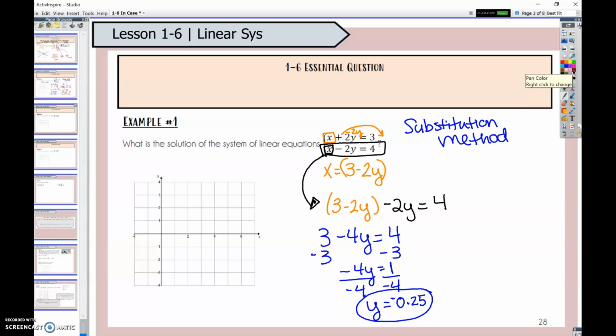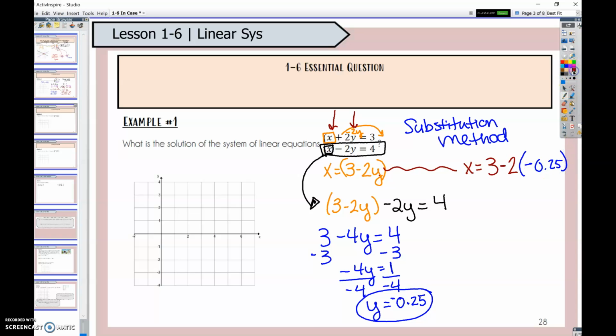Remember though, when you have the x's and the y's in this system of equations, you need an x and y answer. So since I have the y, I could go back and plug this number in for any y. I'm going to go do it into this one right here. I'm going to use this equation. So I'd say x equals 3 minus 2 times, I know my y is negative 0.25.